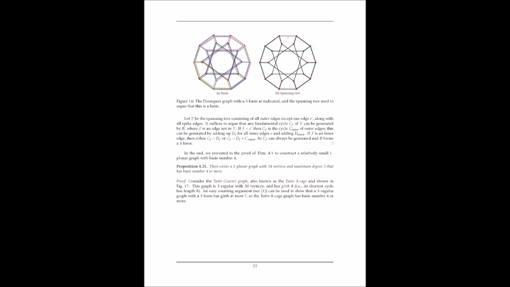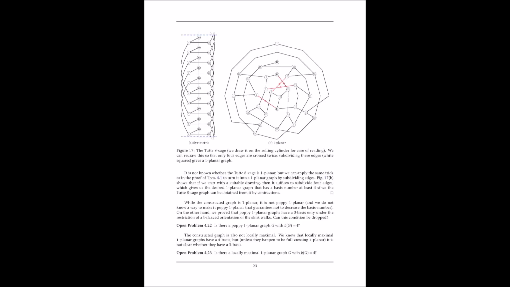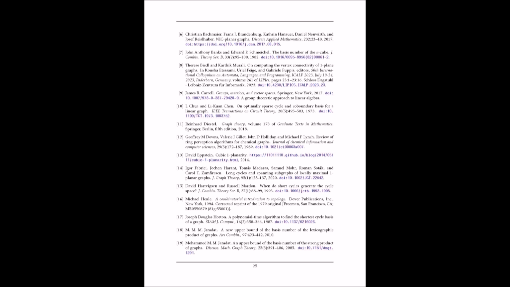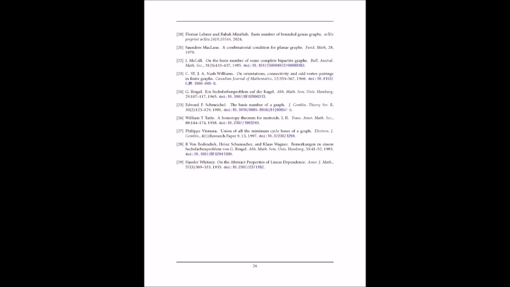Now, when we orient the skeleton, we're assigning a direction to each of those uncrossed edges. And as we discussed before, a balanced orientation means that for each crossing, exactly 2 of its skirt walks are oriented clockwise, while the other 2 are oriented counterclockwise. So it's like creating a balanced flow of traffic around each crossing, with half the skirt walks going one way and half going the other.